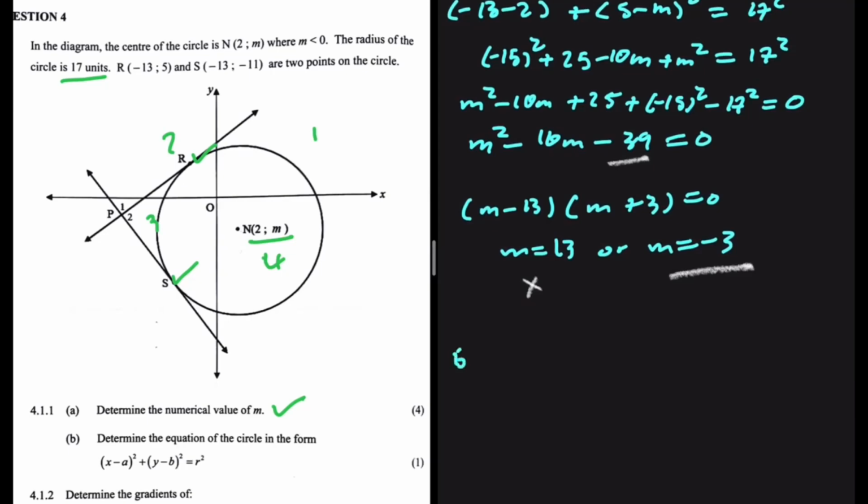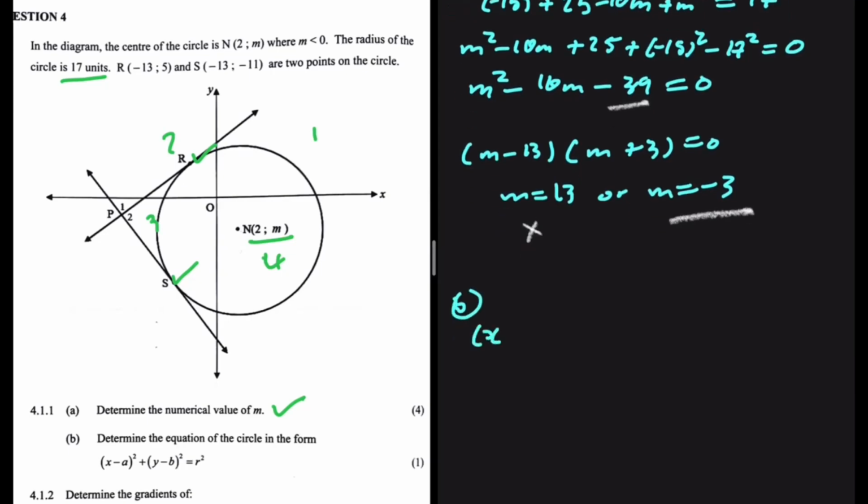The question that follows, we're supposed to determine the equation of the circle in the form (x minus a) squared plus (y minus b) squared is equal to r squared. We have all we need to set up this equation. We're going to have (x minus 2) squared plus (y minus 3), so it is just (y plus 3) squared being equal to r squared.